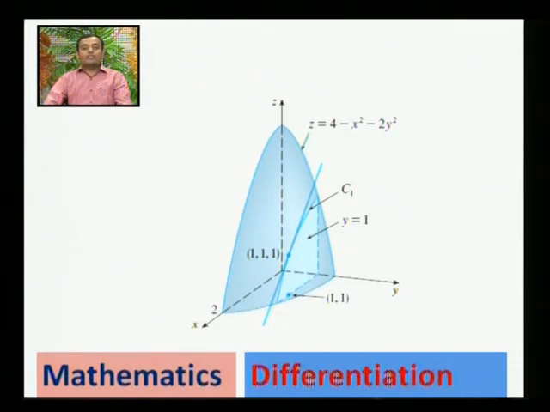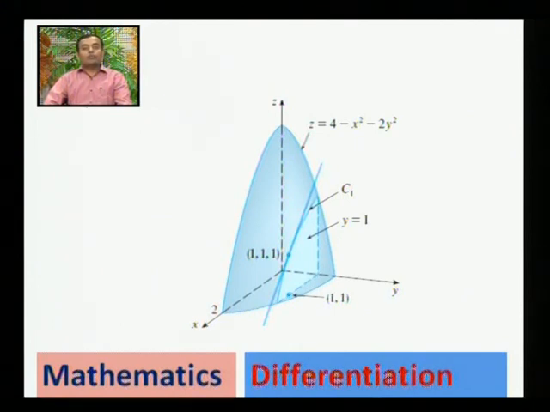Now similarly you can see here another example, this is a paraboloid, z is equal to 4 minus x square minus 2y square, and we are considering its intersection with the plane y equal to 1, that is, we are treating y as a constant, and we are taking that to be 1.